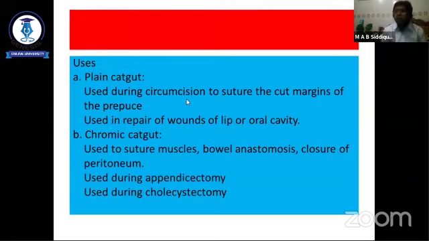If we use chromic catgut, it will be irritant for the patient. So in suturing the oral cavity or lip, or during circumcision, we use plain catgut. But when plain catgut is treated with chromic acid, the longevity increases, so it is used like Vicryl. The most commonly used synthetic absorbable suture is Vicryl. So the uses of chromic catgut and Vicryl are almost the same.